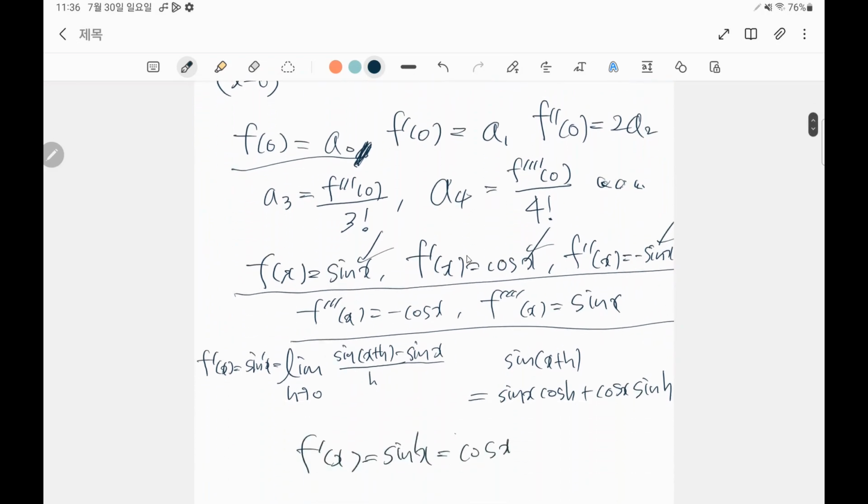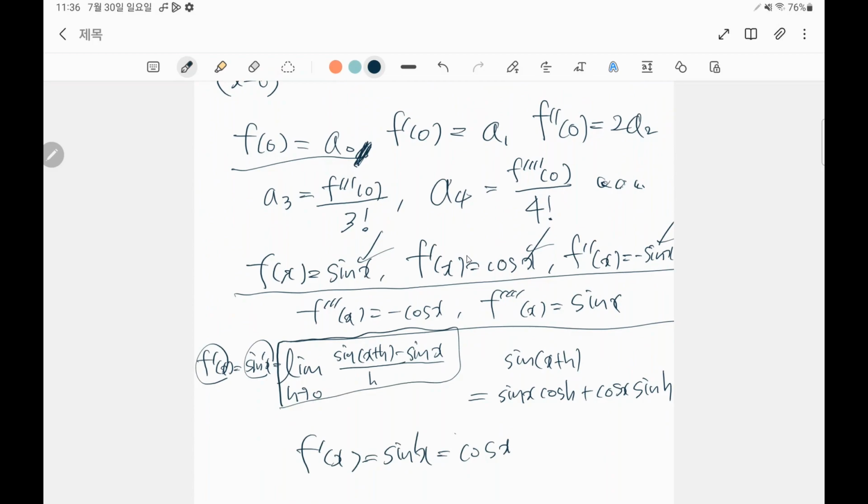The definition of the derivative of sine of x is the limit as h approaches 0 of sine of x plus h minus sine of x, over h. This is the genuine definition of differentiation of sine of x with respect to x.